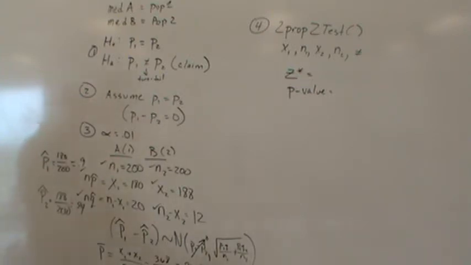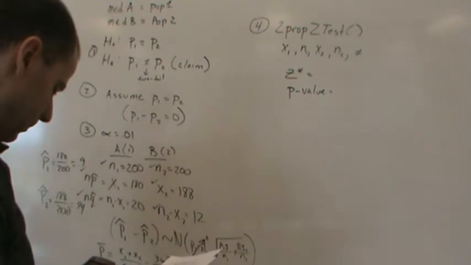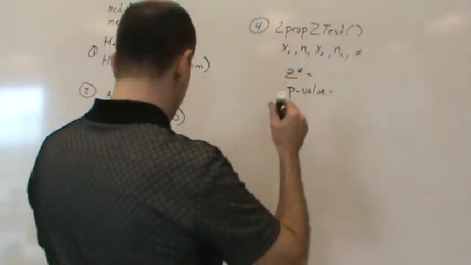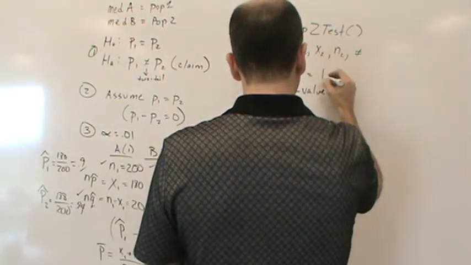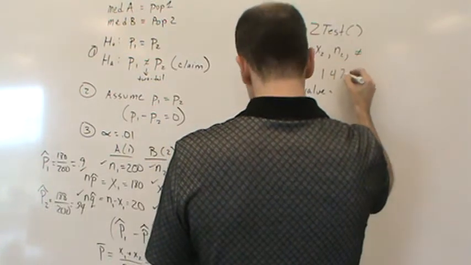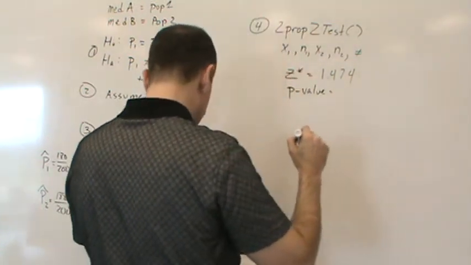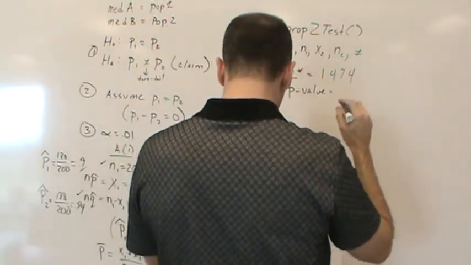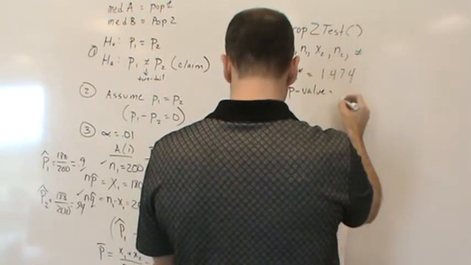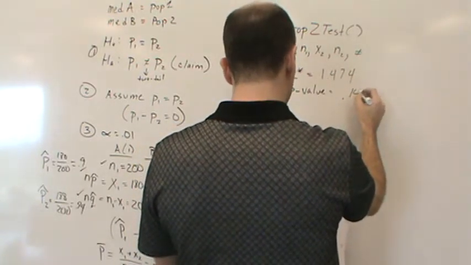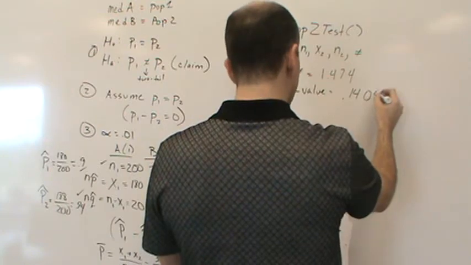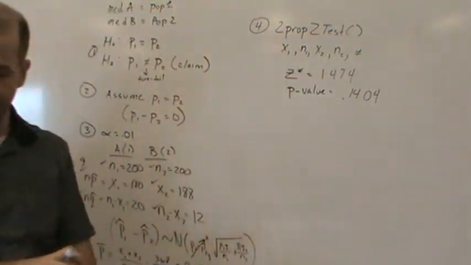And look at that. I get the exact same thing for my z star. It is 1.474. Now the p-value, excuse me, was slightly different. It's 0.1404. So it's not that bad.